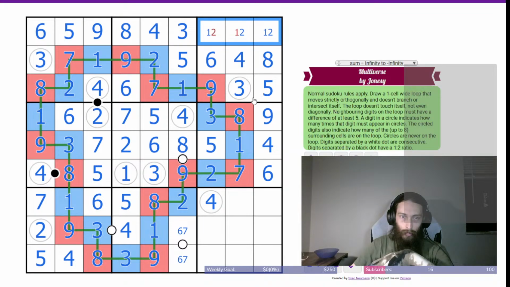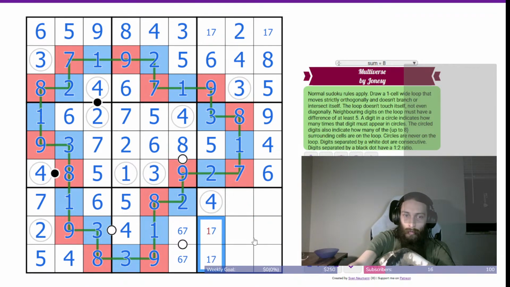Well, I need 1 and 2, and I need 7. So that's a 2, and those aren't. 1, 7, and well, I was about to say 4, but 4 is right there. 8. So not a 1, not an 8.